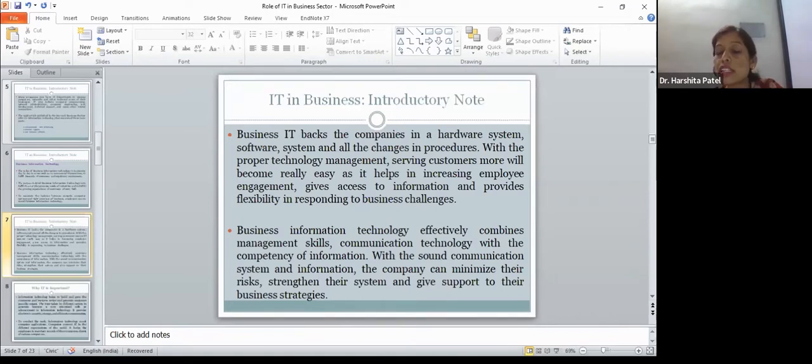Now, business information technology efficiently combines management skills and communication technology with competency of information. With a sound communication system and information, the company can minimize its risk, strengthen its systems, and support its business strategies.